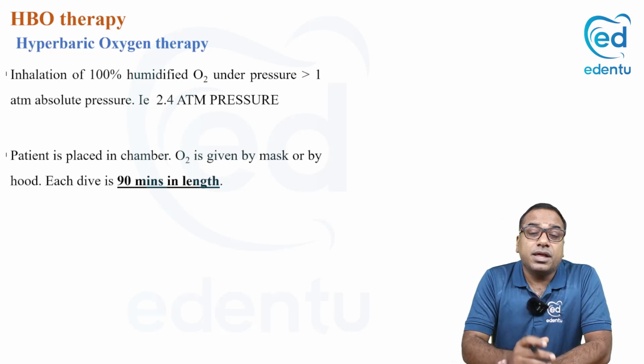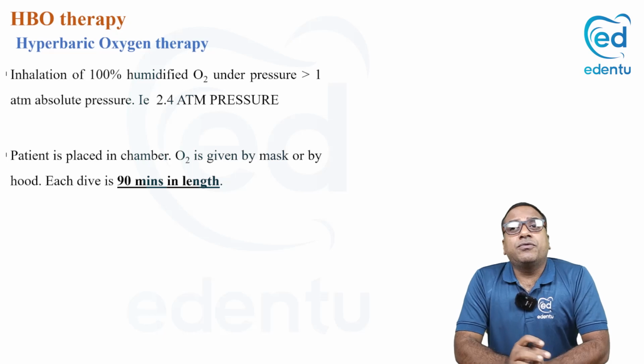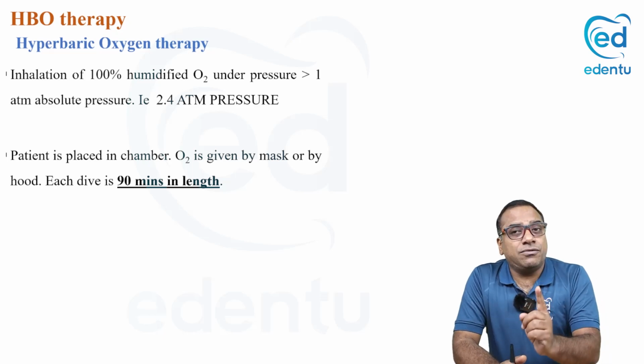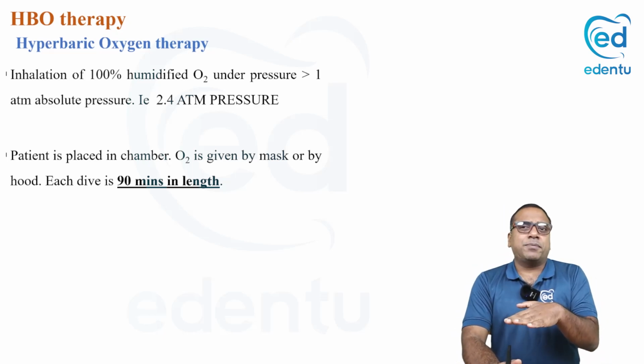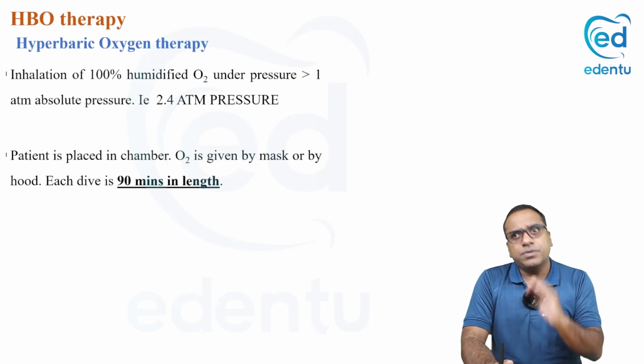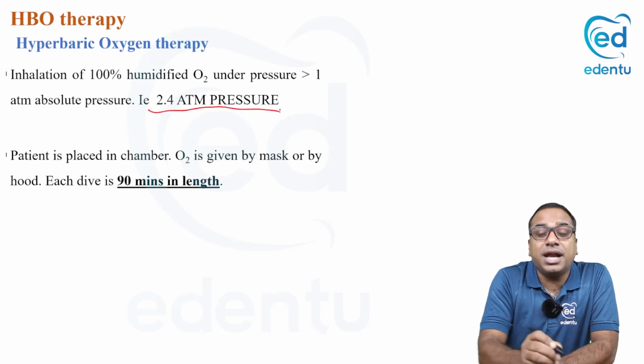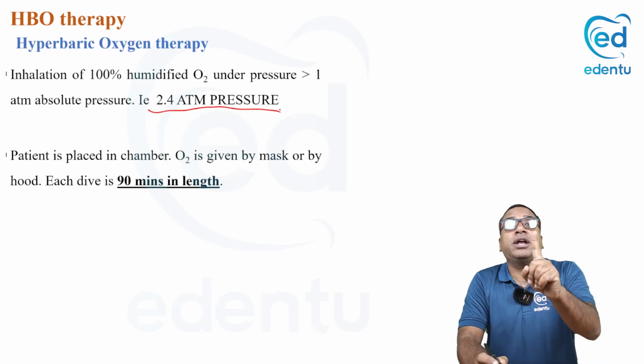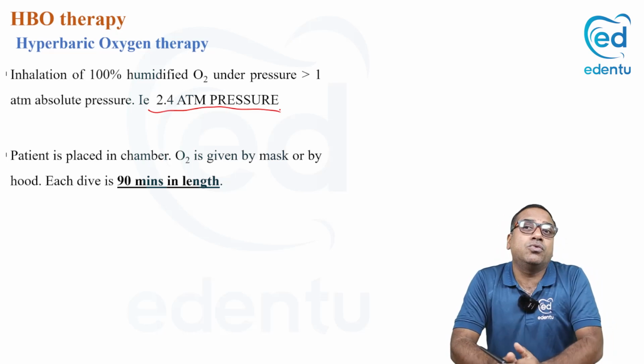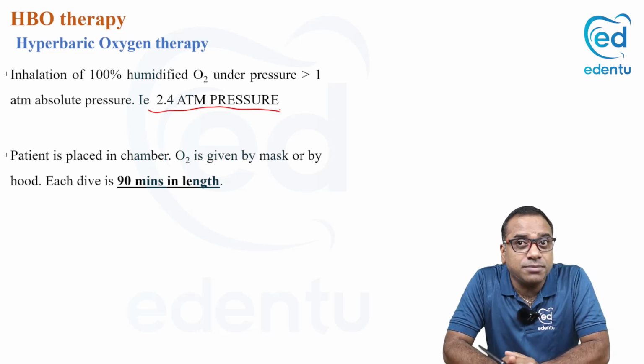That special room will have an atmospheric pressure greater than 1. Our normal atmospheric pressure in our room is 1 right now. So we take the patient to a greater atmospheric pressure, that is 2.4. So this is one MCQ: what is the atmospheric pressure in the HBO chamber?